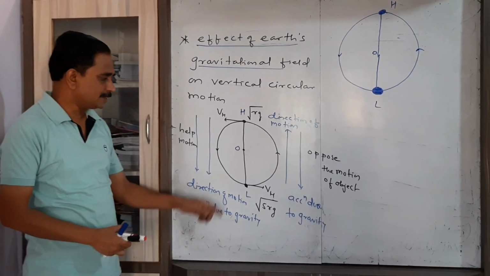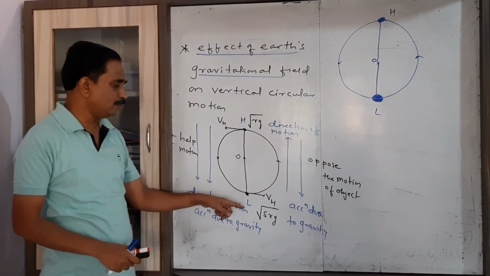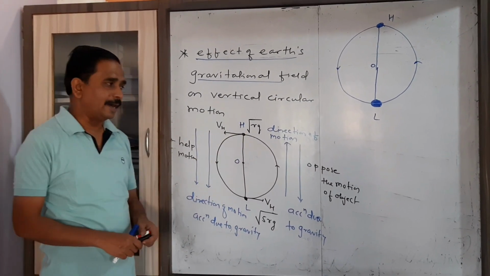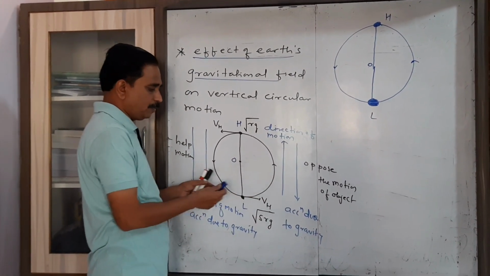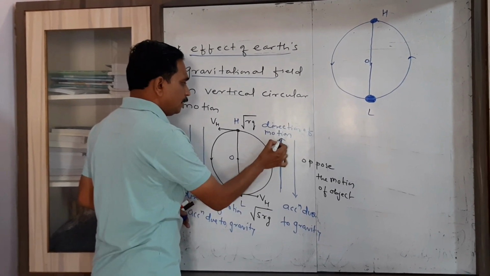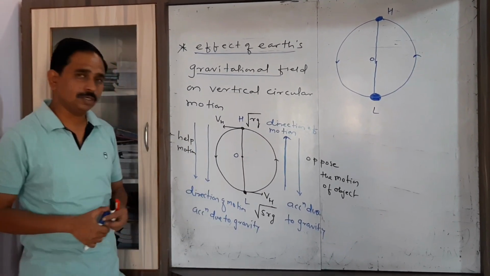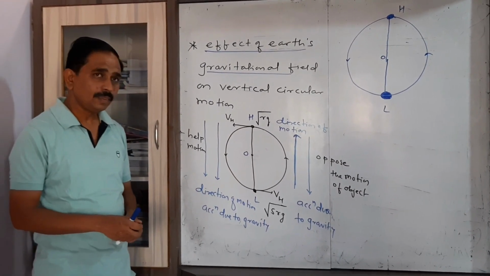When that object starts its motion from the lowest position and moves to the highest position, in order to describe the direction of motion, I draw here the arrow which represents the direction of motion from the lowest position to the highest position.